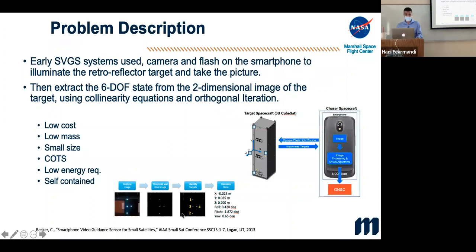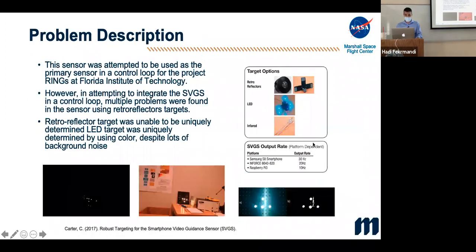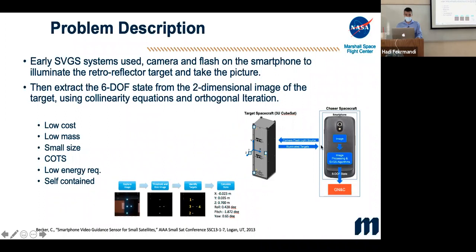SVGS has been developed by the NASA Marshall Space Flight Center. It uses LEDs, and this block that you see here is a 3U CubeSat that has 3 LEDs, and those LEDs, along with one off-plane, make a diamond shape. They can be used as a target for the camera, or the smartphone camera.